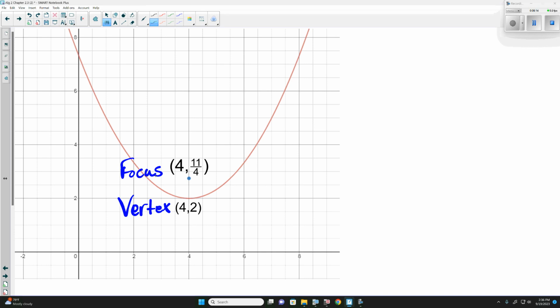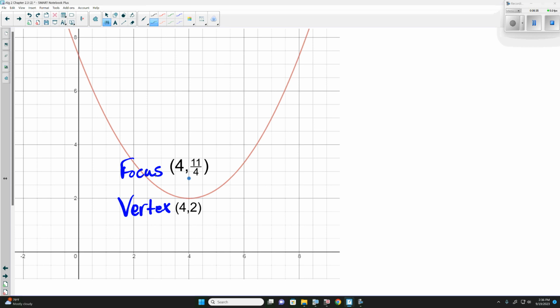Ax squared plus bx plus c, general form or standard form for a parabola. If we have time, we'll look back at that again.